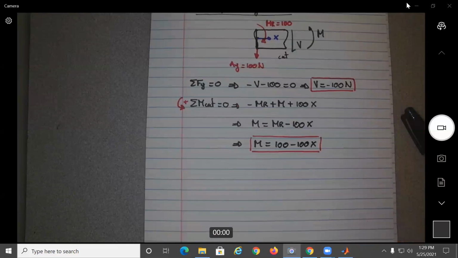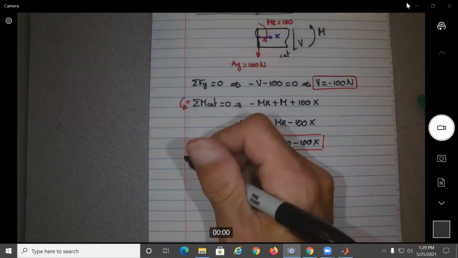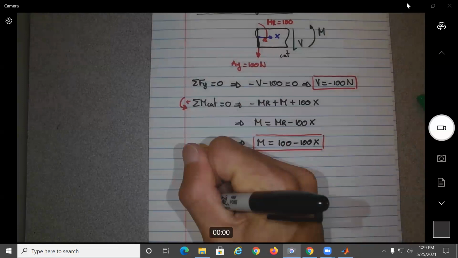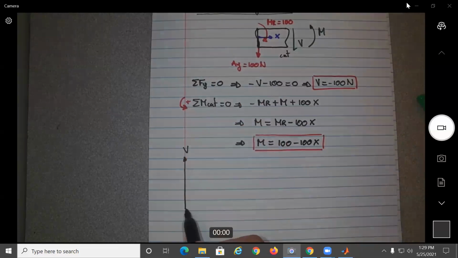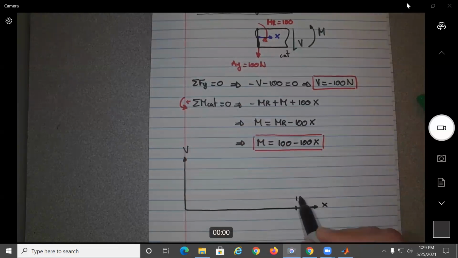So if we do the shear and bending moment diagram for this structure, this is V, this is X, so this will be 1 meter. This will be the moment, so maybe let's be a bit careful here.